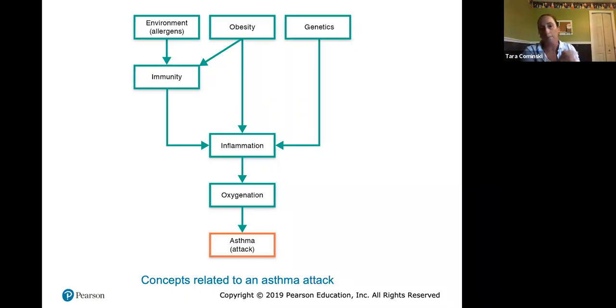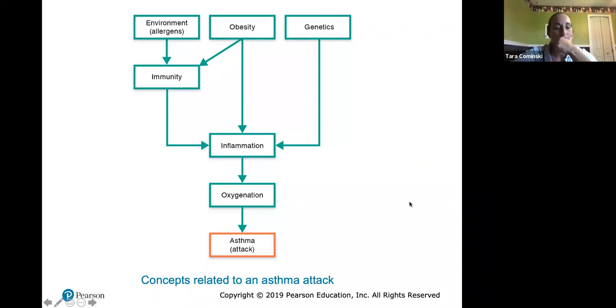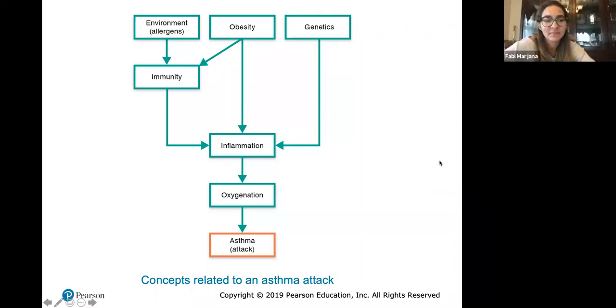I don't know if we know exactly what the mechanism is as to why you have this increase in inflammation with obesity, but it does, right? Does that help? Abby? Yeah, thank you. Other questions, guys?